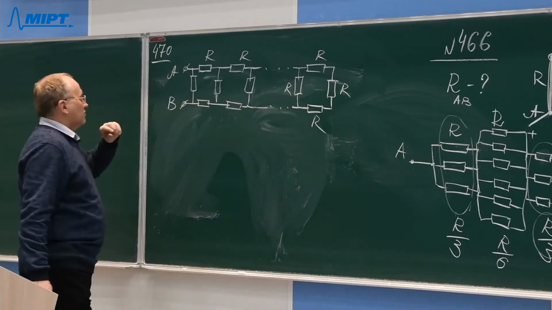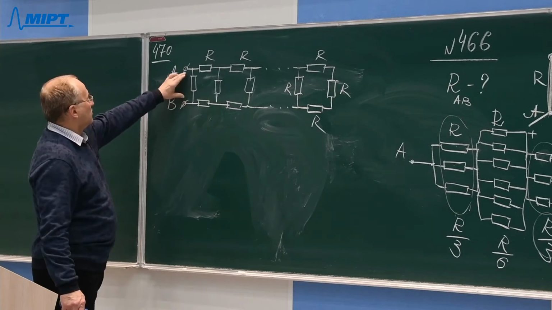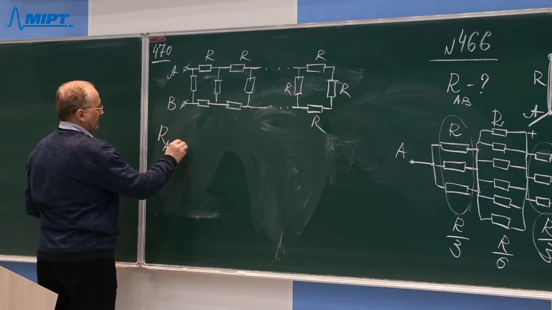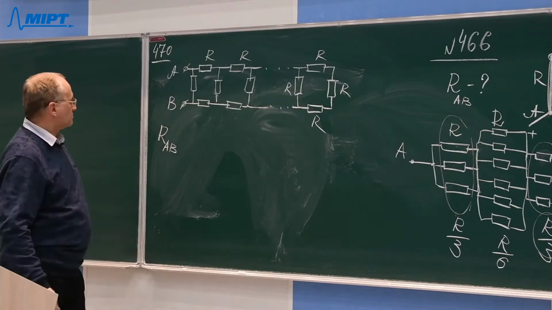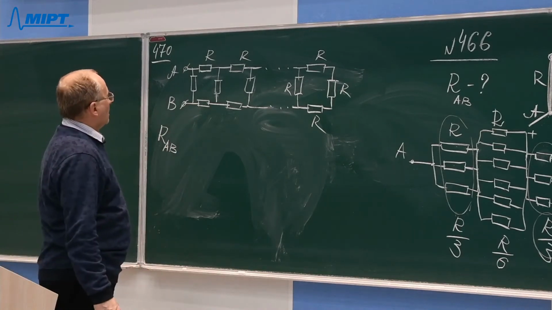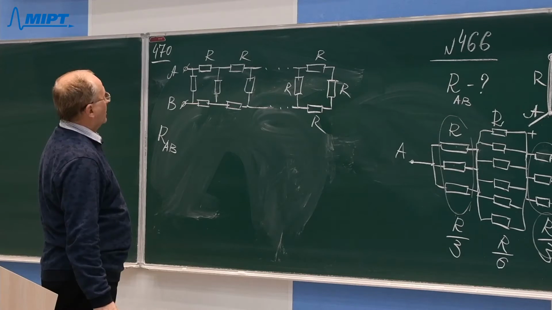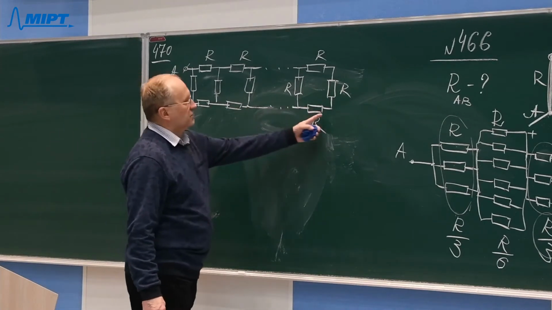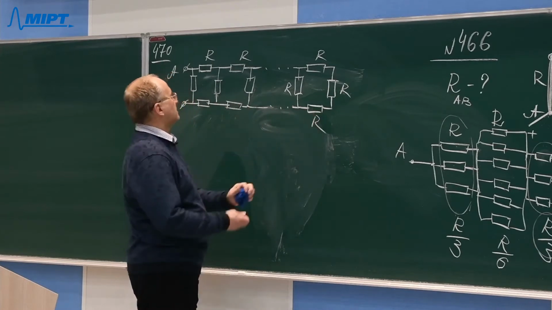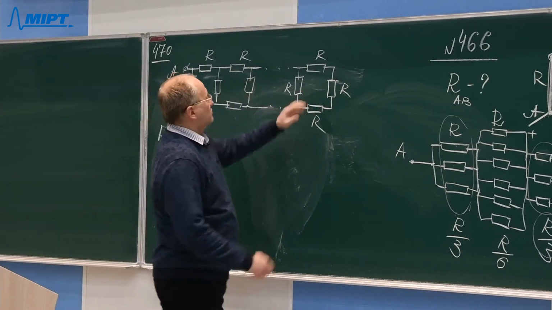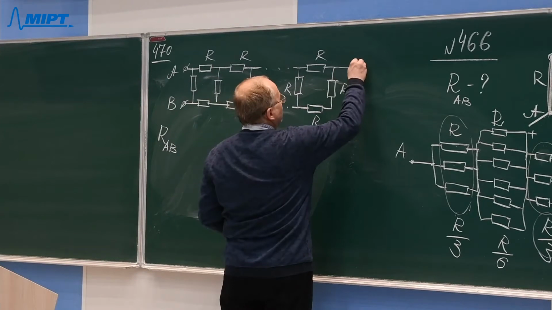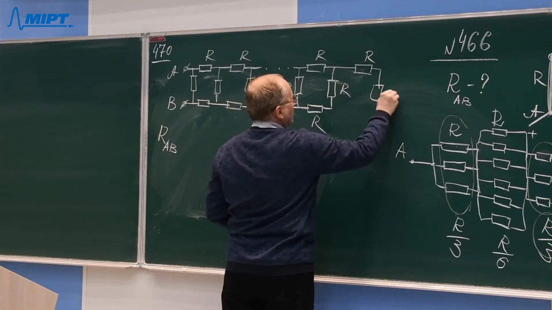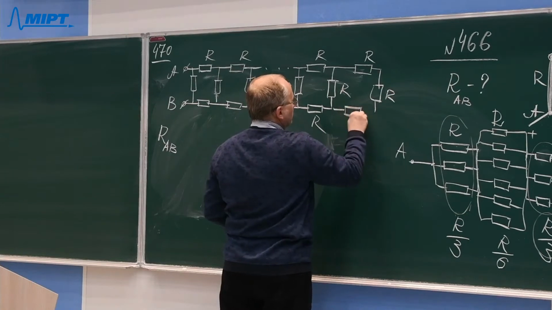So we have to find the resistance between points A and B. And if this circuit is infinite, or has a very large number of cells, it's obvious that if we connect an additional cell here, then nothing will change.